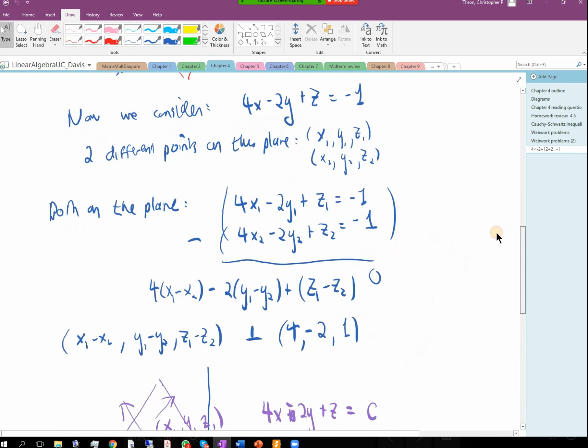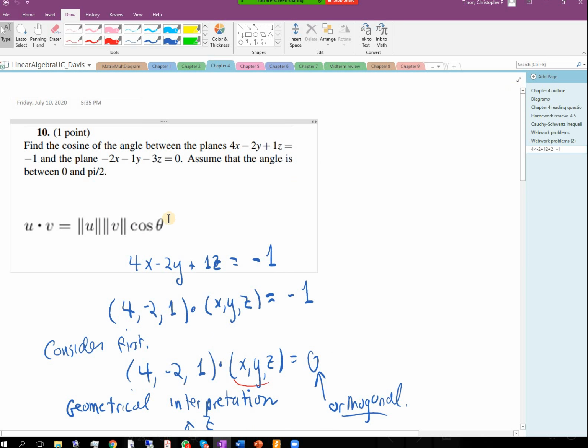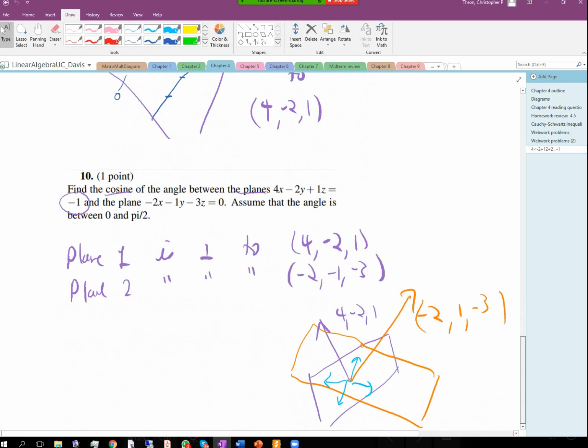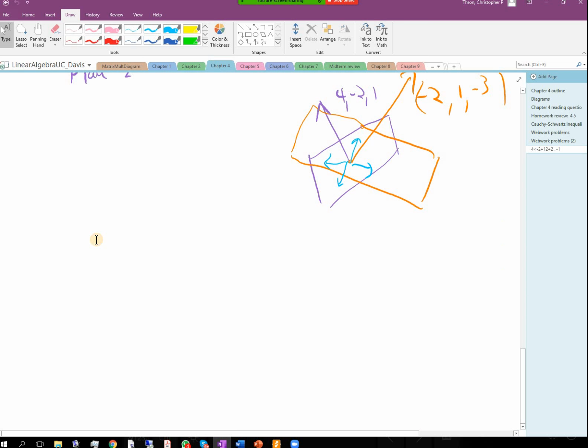I'll bring down this formula, and let's just make sure that you've got this one down. Okay, so what do I do? Start with the dot product. We look at the two vectors that we have.